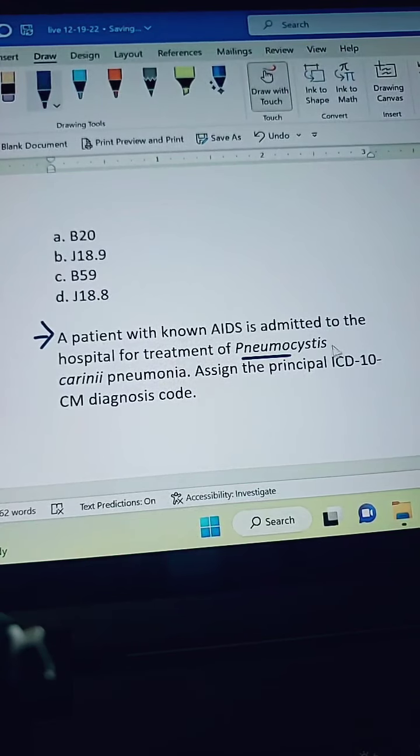Is this a side effect of that? Would the patient have this without that, is your question. Do people get this that don't have this? That is your question.